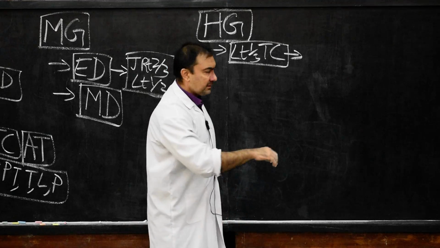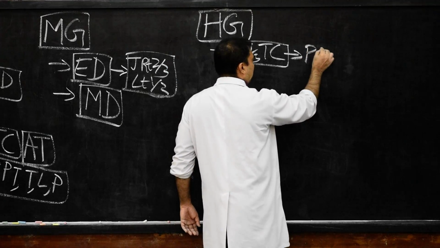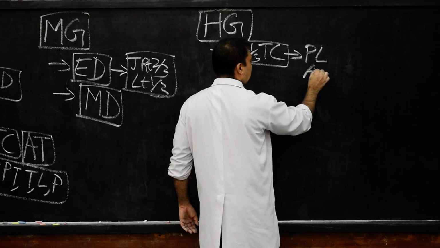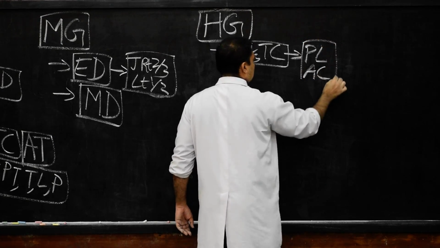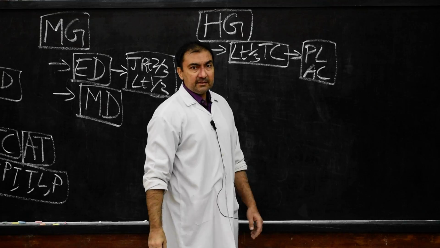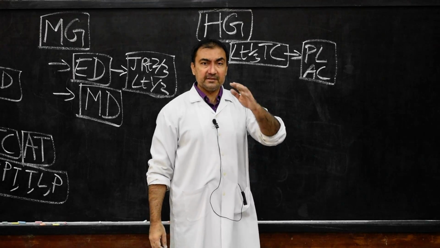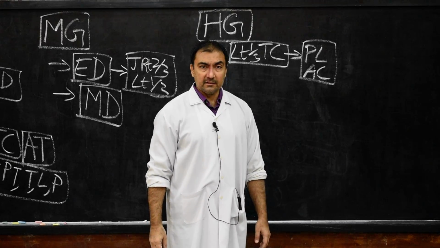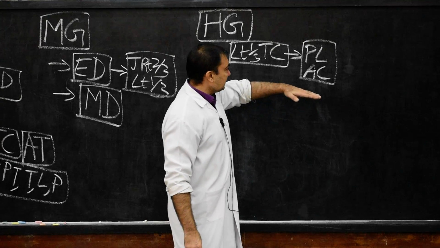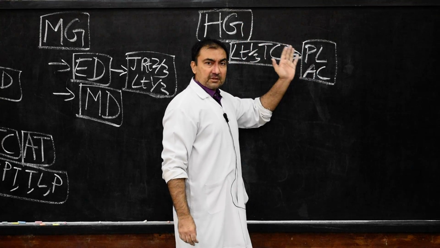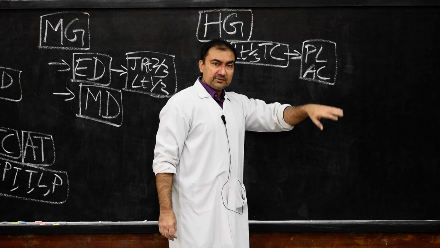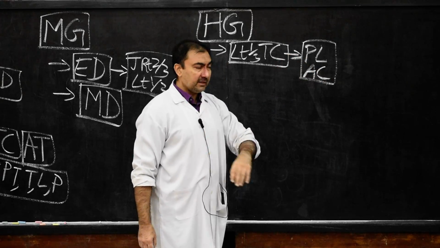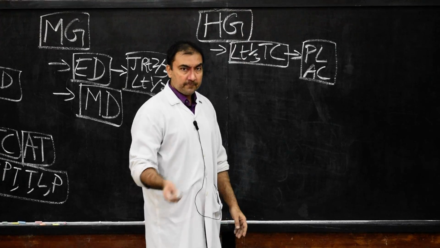Till which portion of anal canal? Till the pectinate line of anal canal. This pectinate line is also known as the mucocutaneous junction in the anal canal. So up till the level of pectinate line, all these structures starting from the left one-third of transverse colon will be derived from hindgut.